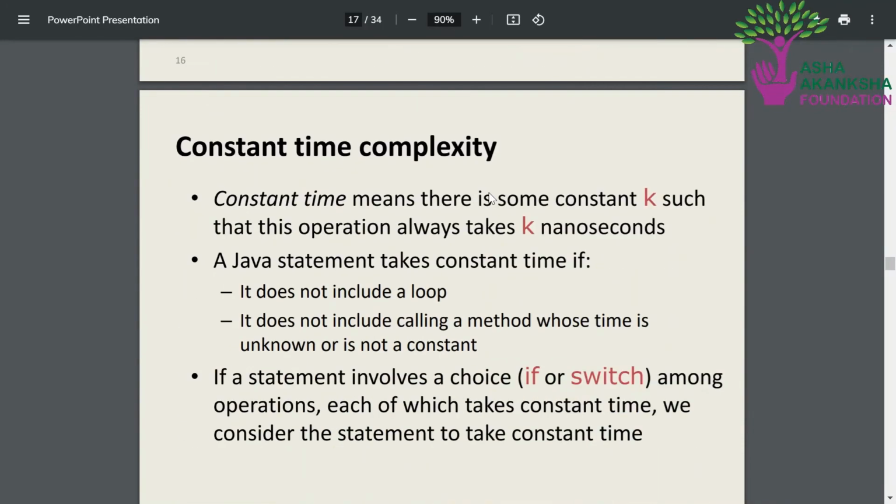So now we'll discuss what is constant time complexity. Constant time complexity just means that there is only some constant amount of operations, let's say k. An algorithm which takes just some constant k amount of operations is known as constant time complexity.